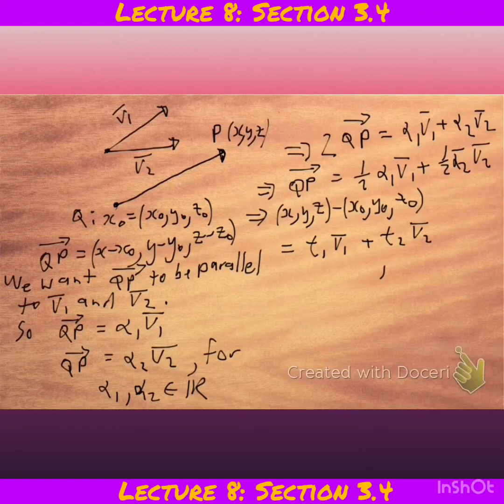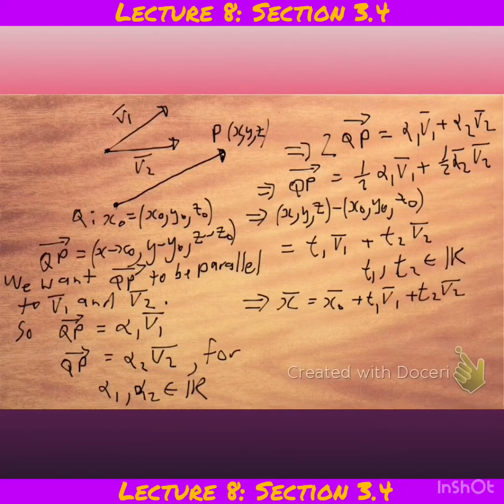Again, you can call that half alpha 1 and half alpha 2; you can just call it t1 and t2, and these are both real numbers. And that's then going to imply that x is going to be x0 plus t1 v1 plus t2 v2.